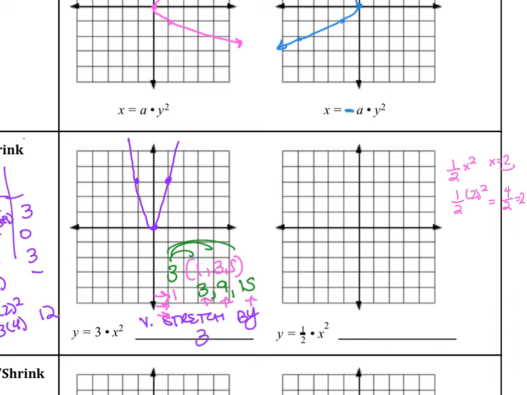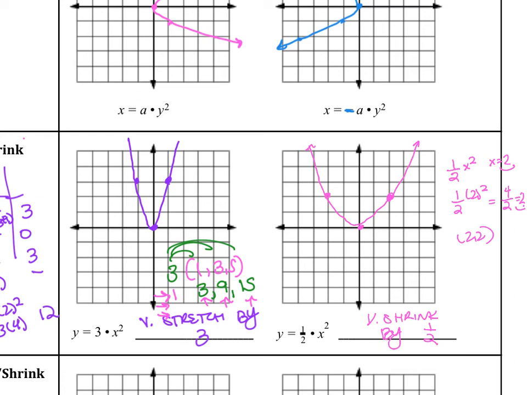I plugged in a 2, I get a 2 back. So it is right 2, up 2 here. If I plugged in a negative 2, it would still be the same. So this is 1/2 times x squared. You kind of have to plug in numbers. There are some shortcuts to this as well. So this is a vertical shrink by a half. Okay, vertical shrink by a half.